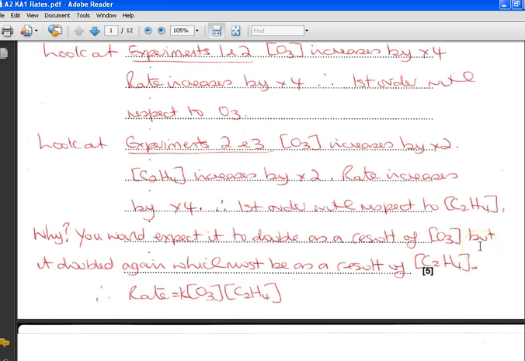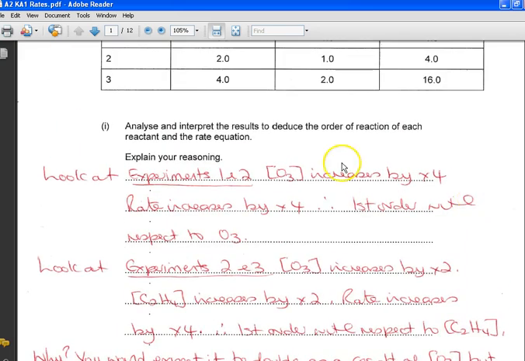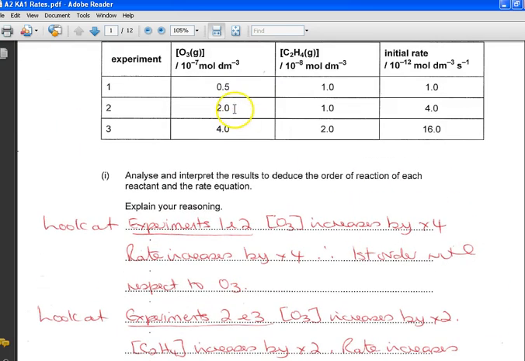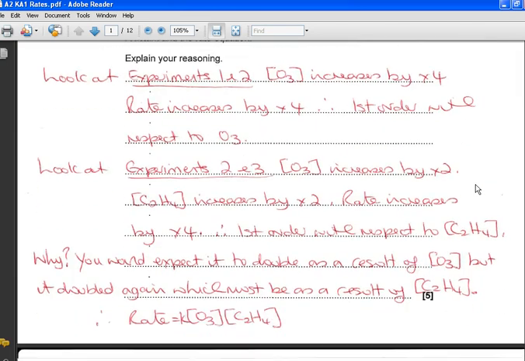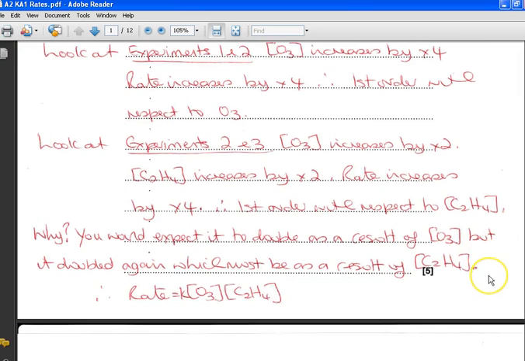So we would expect it to double, because that's what's happened with O3. It's doubled, we would expect the rate to double, and it doesn't. It quadruples. So the other doubling effect has come from the C2H4, which means that we also have first order for C2H4.